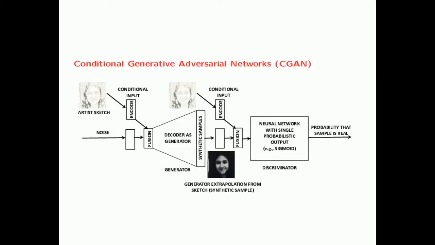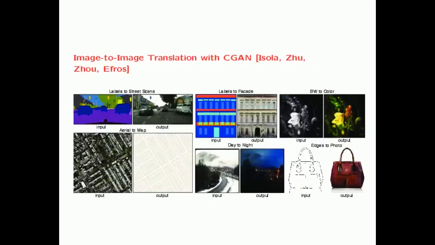Now what is going to happen is that when you do this type of training, you can actually use the generator to fill in the missing characteristics of images. For example, you look at the lower right: the generator will be trained in such a way that you can show it a sketch of a purse, and it is going to produce a realistic purse.